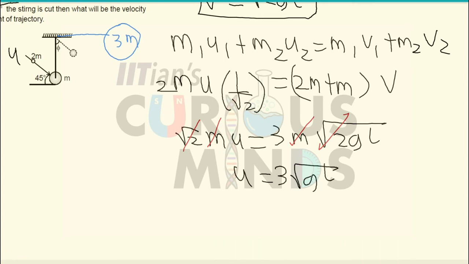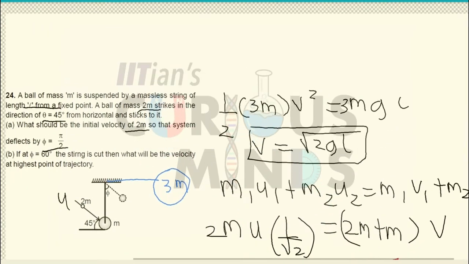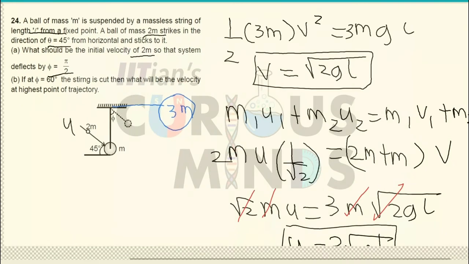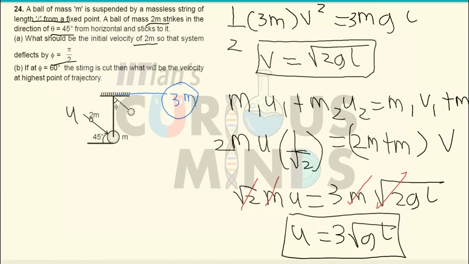This is the initial velocity of the impact that is required such that the combined mass reaches a height of L, that is, makes an angle pi by 2 with the vertical. This is the first part, I have solved it.